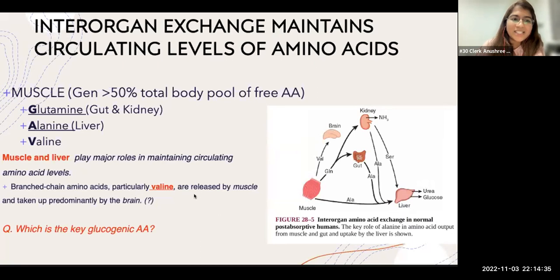There are 3 branched-chain amino acids. One is valine. What are the other two? Come on, guys, you can use Google if you want. Anyone?